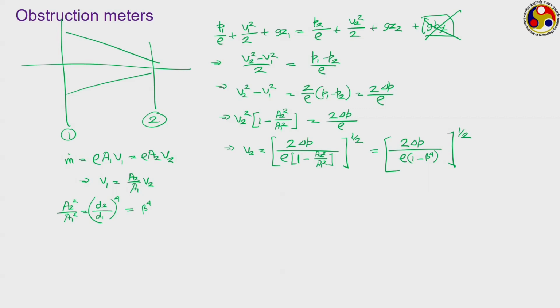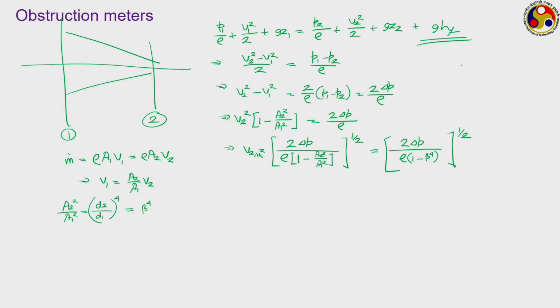But as I have just mentioned briefly, this V2 value that we are getting is only theoretical, because we have neglected the loss term which is practically present. If we consider this, then the velocity value that we get will be lower than this theoretical limit. So, we define a coefficient to take care of this change in velocity because of the frictional losses, a way of comparing the theoretical and actual velocity.